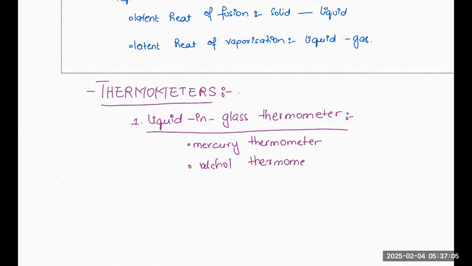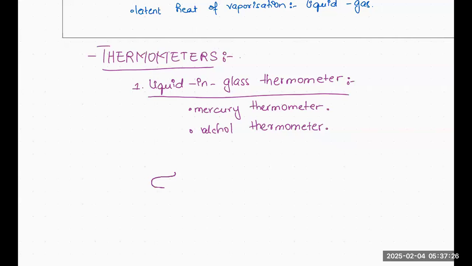So when you talk about your liquid in glass thermometer, the basic concept goes this way. You have a bulb, and that bulb has the liquid inside of it.